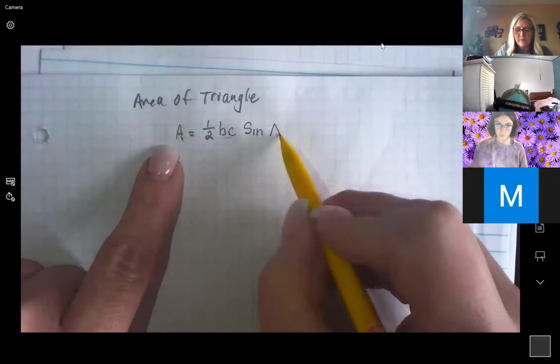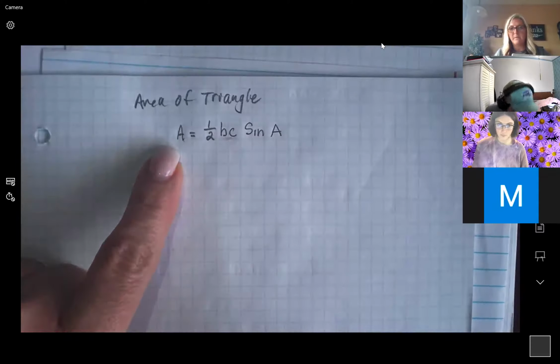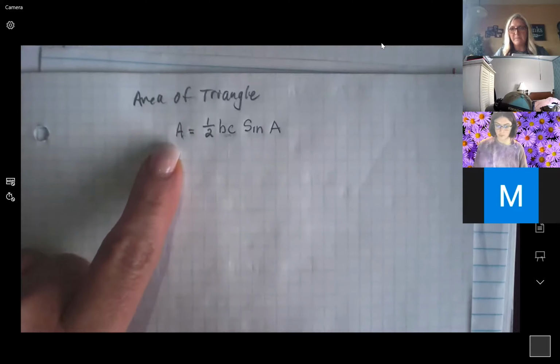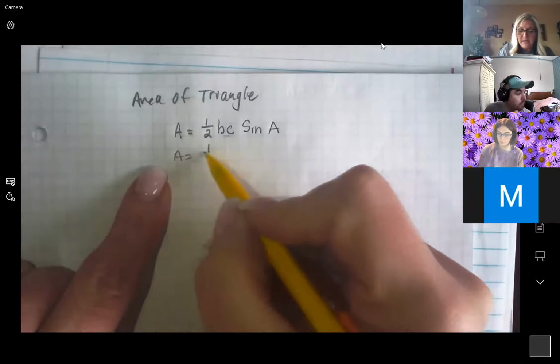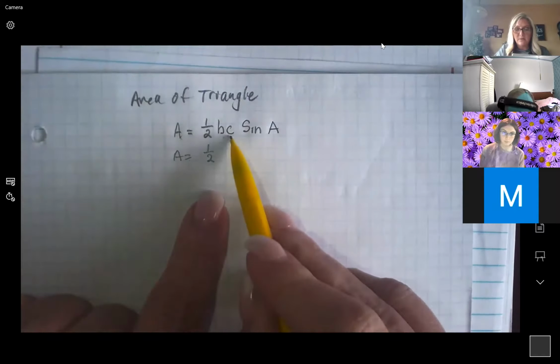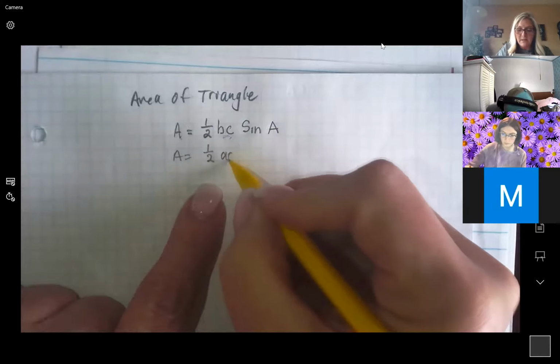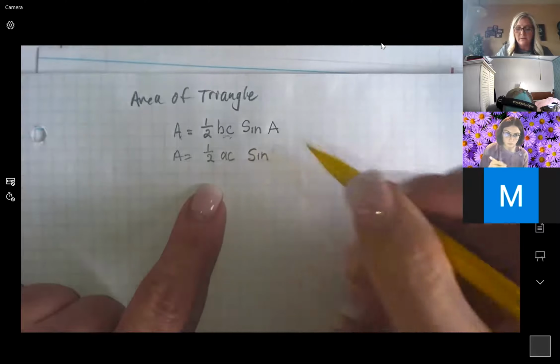That's the formula. So if I have sides A and C, what's my sine going to be here?